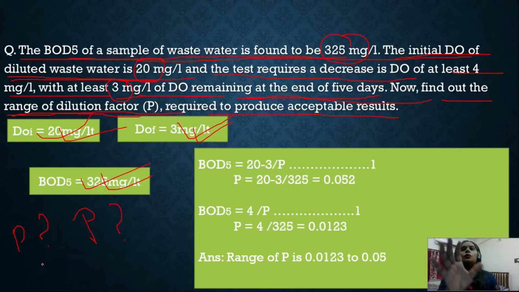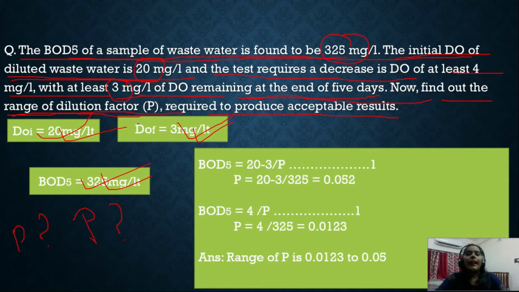That is 2 to 4. So when you have a question asking for the range of dilution factor, that means the range of BOD, so at that time you have to find out two p values, two BOD values. Otherwise you cannot produce the result. You cannot produce the range of the dilution factor without the two p values.